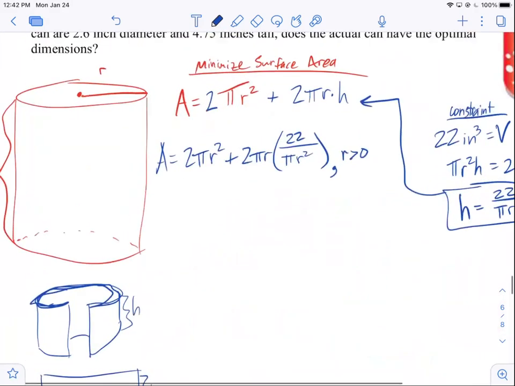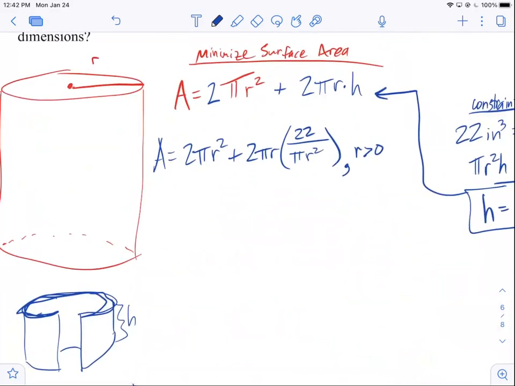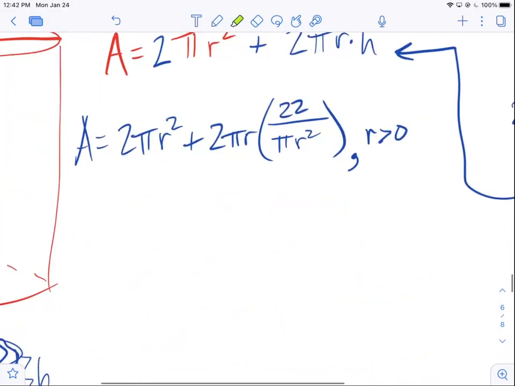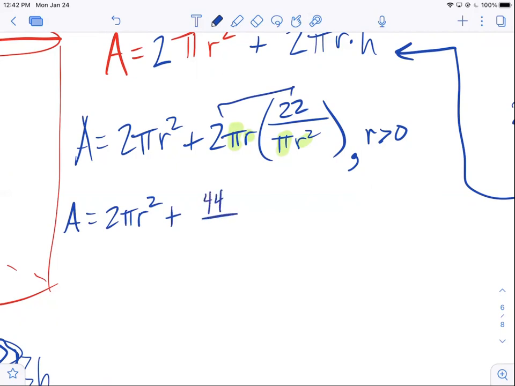All right, so now we're going to take the derivative and set it equal to 0. But wait, first off, we could simplify. When? Early and often. I know a pi can divide out here, and so will one of the r's. So 2 pi r squared plus, I can multiply the 2 times 22, so I'll call that 44 over r.